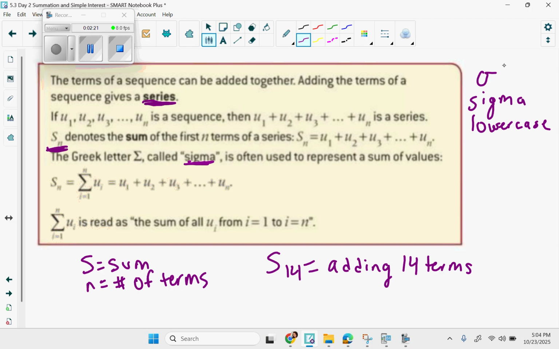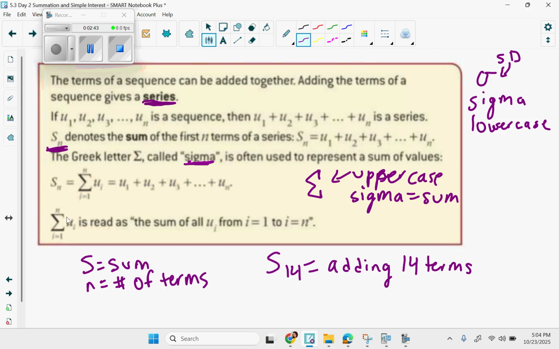Remember, the lowercase represented standard deviation. Uppercase sigma just means sum. So we're going to find the sum of stuff.